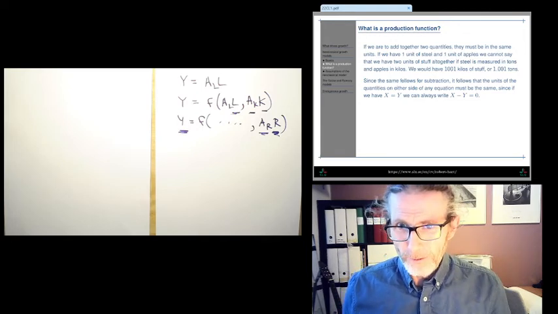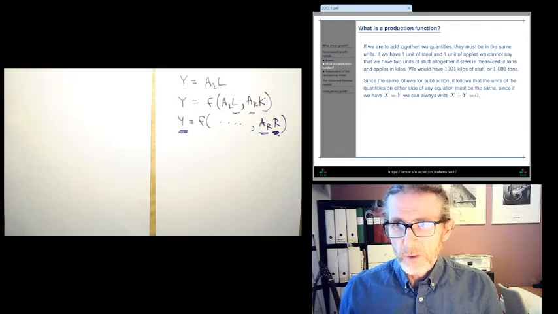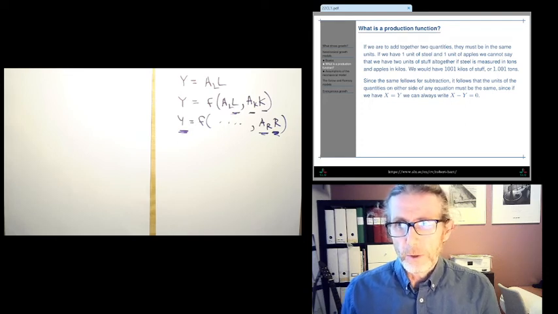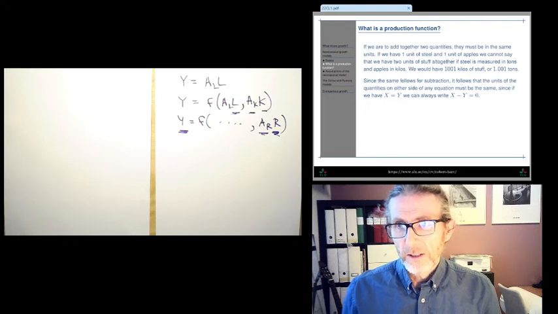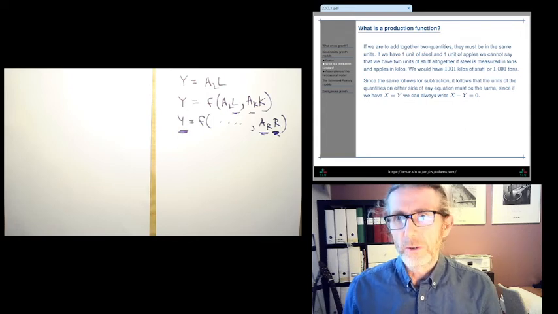First, a little bit of theory about units. If we add together two quantities, they must be in the same units. If we have 1 unit of steel and 1 unit of apples, we can't say we have 2 units of stuff altogether. If the steel is measured in tons and the apples in kilos, we could say we have 1001 kilos of stuff or 1.001 tons of stuff.